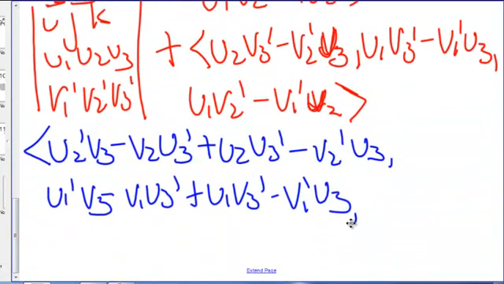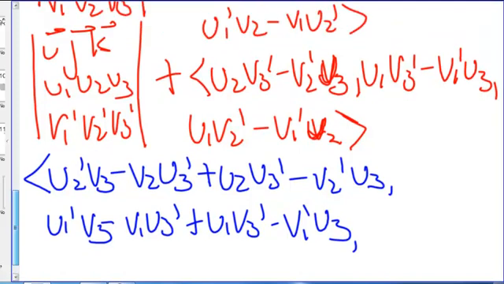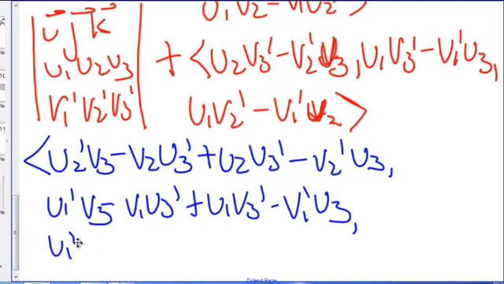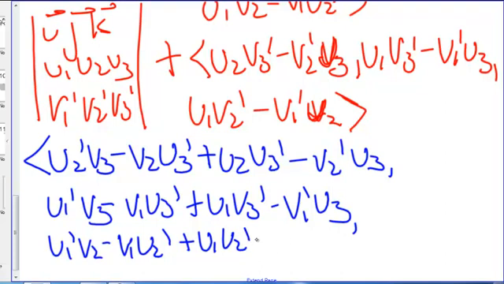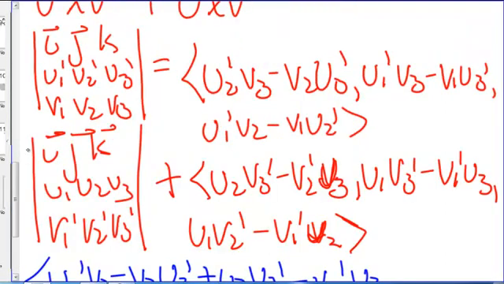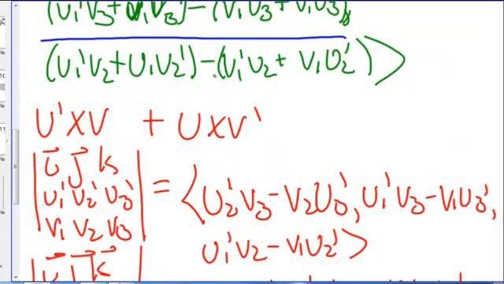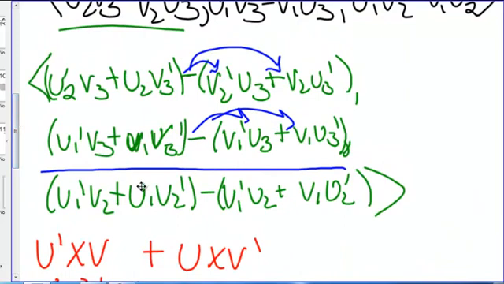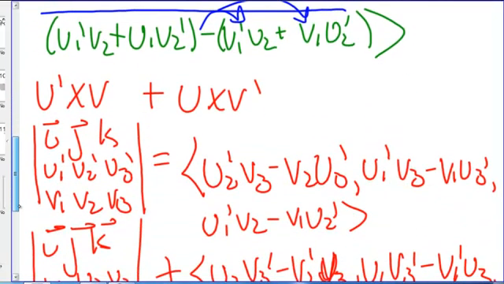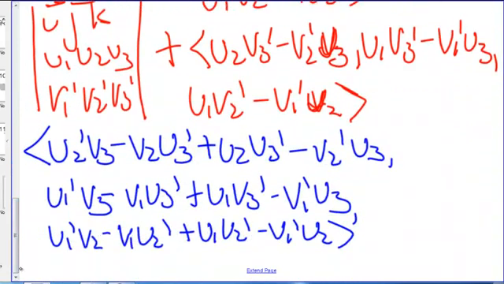And finally, we find that our last component, u1 prime v2 minus v1 u2 prime plus u1 v2 prime minus v1 prime u2, is equal to our third component up here once we distribute this negative sign. Alright, so there we have proved the cross product rule.